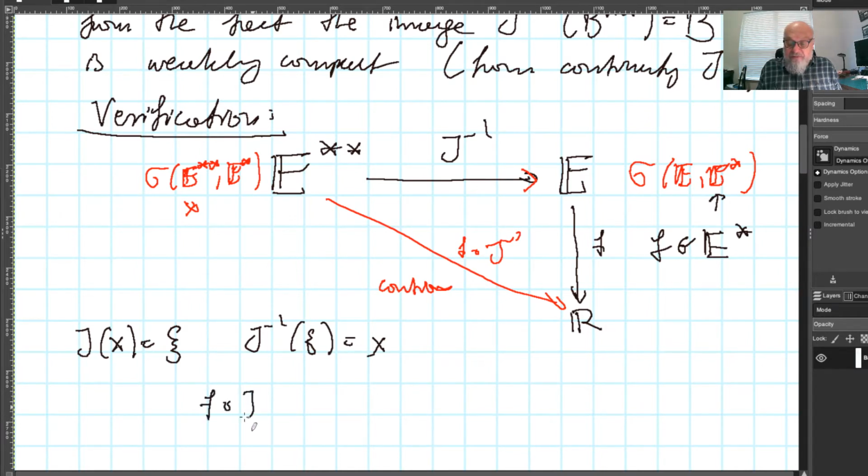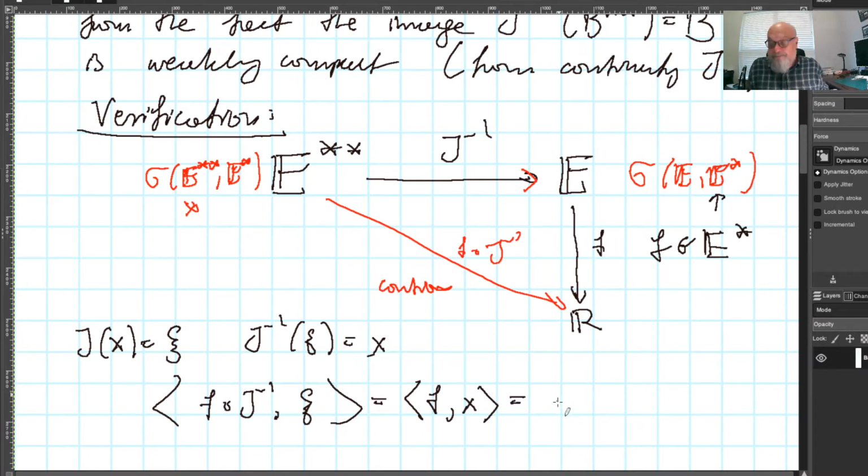That F composed with J minus 1 applied on psi will be the same as F applied on x.